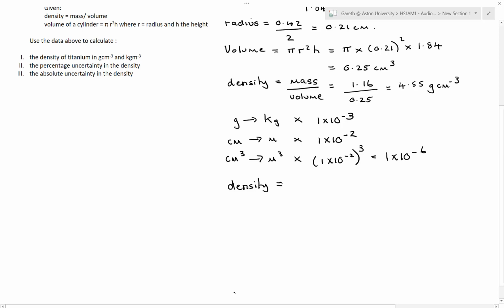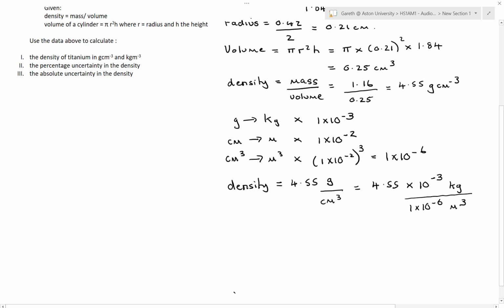So recall we found the density to be 4.55 grams per centimeters cubed. So if we want to convert grams into kilograms, recall we multiply by 1 times 10 to the minus 3. And then we're going to divide by centimeters cubed, but we want to change that into meters cubed. So on the bottom we need to multiply by 1 times 10 to the minus 6 to get it into meters cubed.